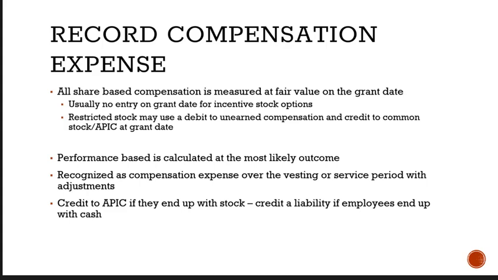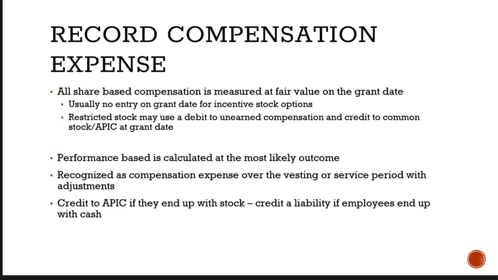Now, if there is a performance-based calculation, meaning I tell you you get 10,000 options if our net income is a certain number, and 20,000 options if it is a higher number, that type of performance-based agreement is recorded at the most likely outcome. So I look at what I think the net income will be for the term of the agreement, and then I calculate the compensation expense using the options or restricted stock based on that most likely outcome.